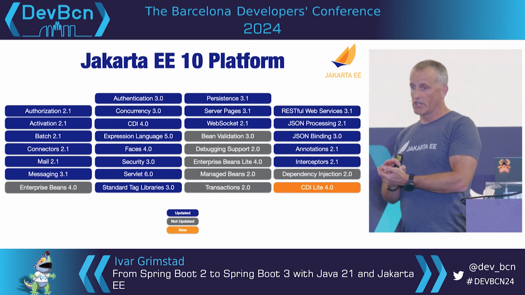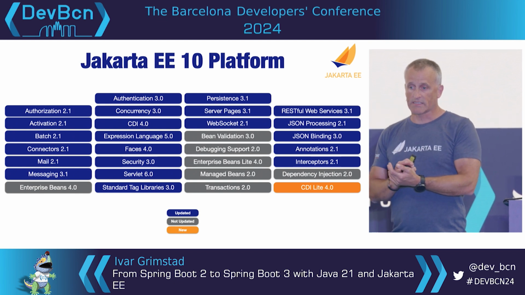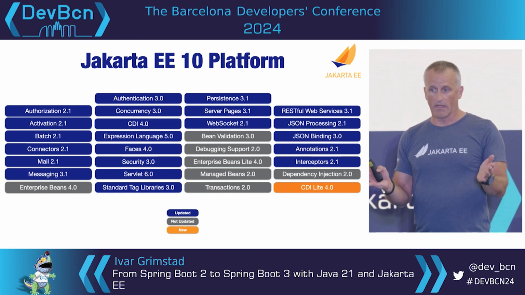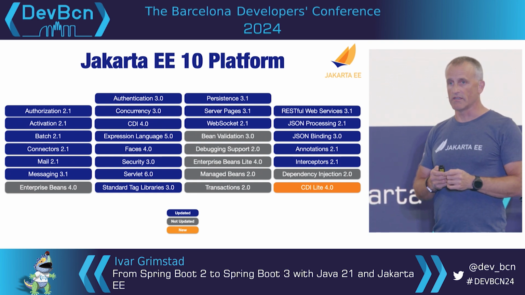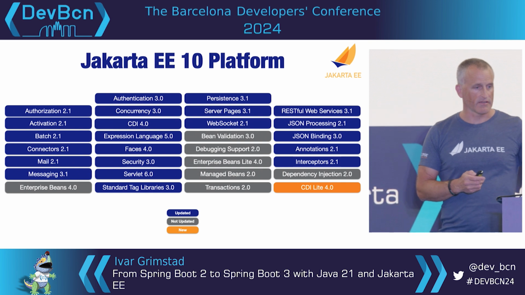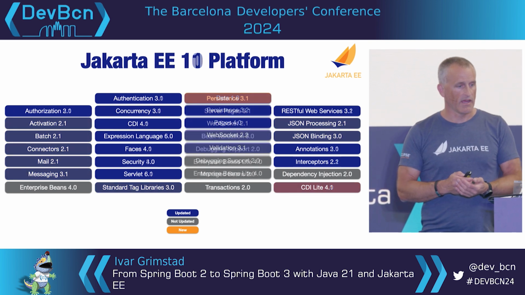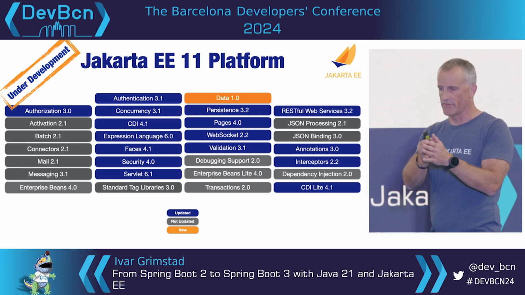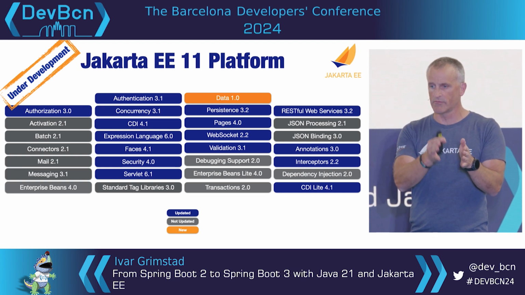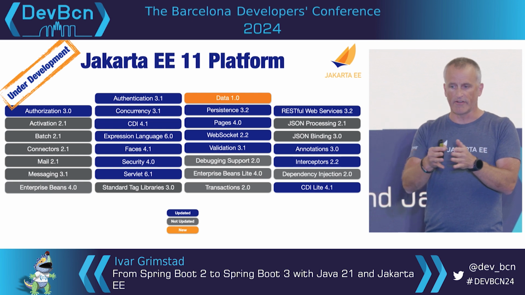So Jakarta 10 has a lot of updates. And as you saw, many of these are brought into Spring Boot 3. And it depends on which minor version of Spring Boot. If you're in 3.0, 3.1, 3.2, 3.3, they will pull in very different versions.